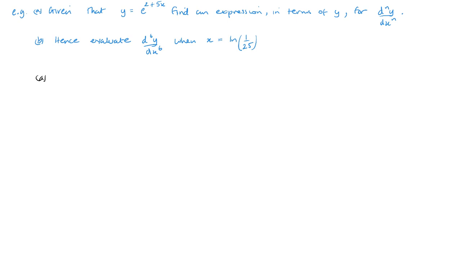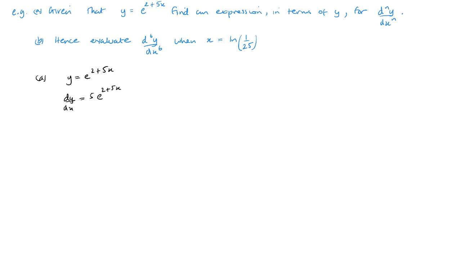So, the first thing I need to do here is differentiate a few times and look for a pattern. When I differentiate, the exponential stays the same, and then I multiply by the power differentiated, which is 5.